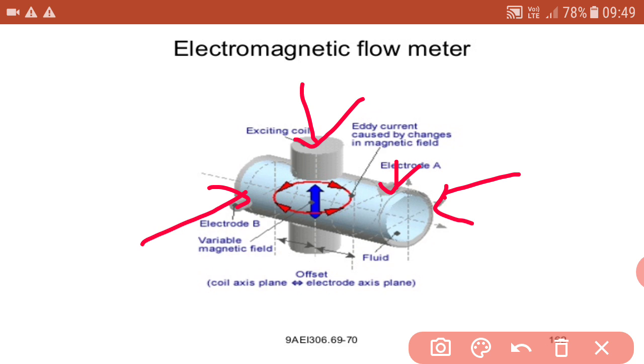Then in the center there is a variable magnetic field, and eddy current is caused by changes in the magnetic field. Whenever there is a change in magnetic field, eddy current is generated. So whenever the fluid, which is a conducting fluid, is flowing through this pipe, at that time the voltage is generated across electrodes A and B.